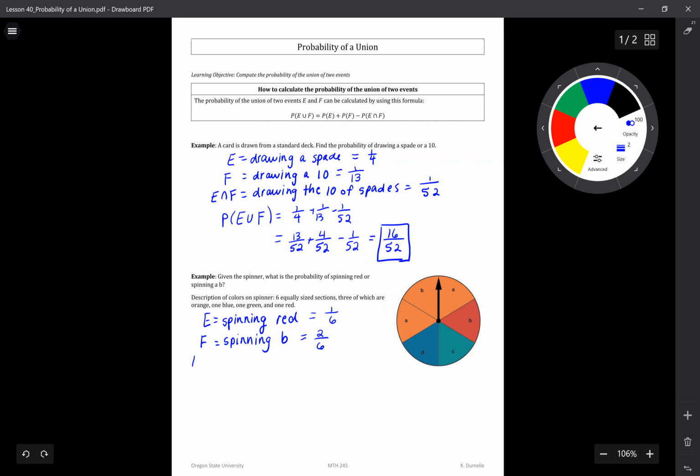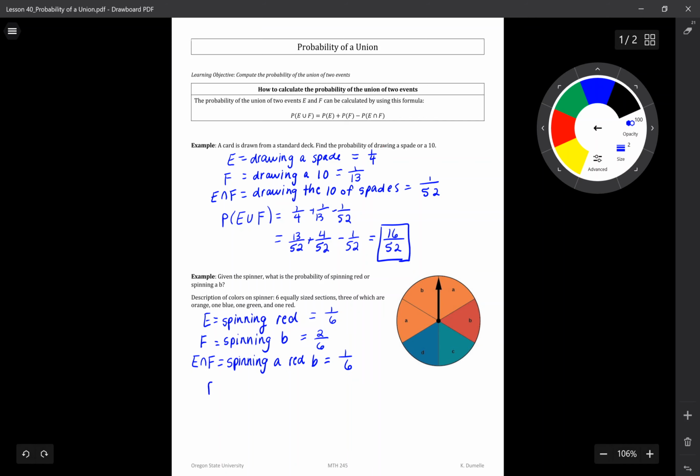What about E intersect F, spinning a red and B at the same time? So spinning a red B. Well, how many red B's are there? There is 1, so this is 1/6.